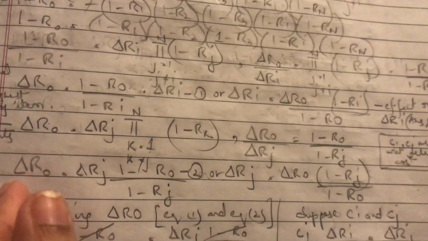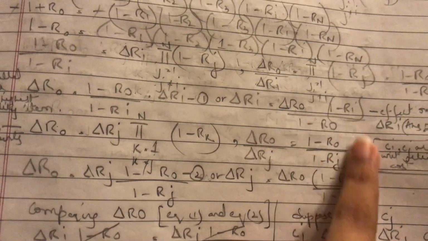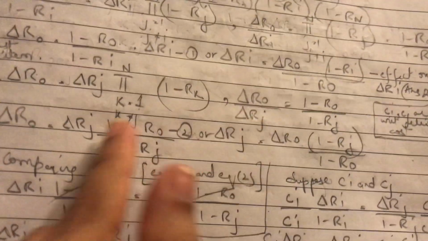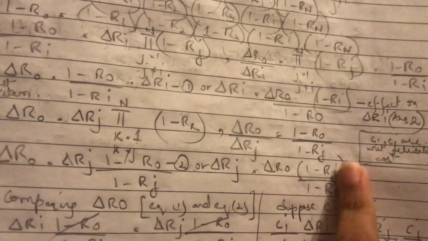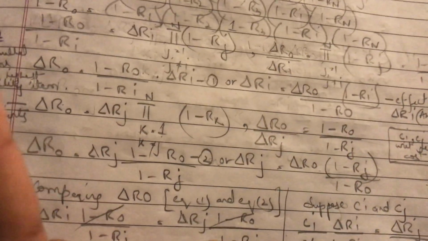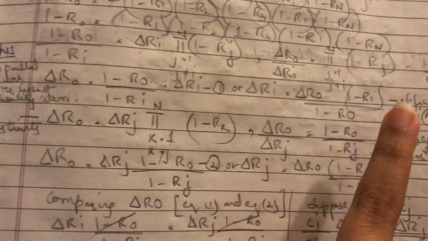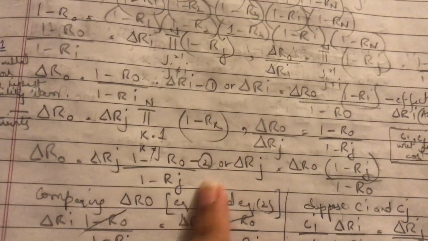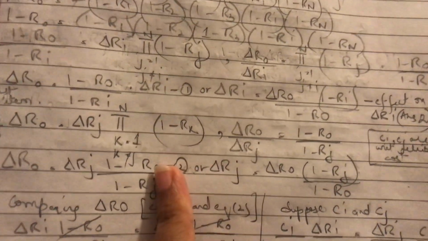Now what's the further step? Okay, we are taking delta R0 as the equation here, and we bring this delta Rj to the right hand side as we did in the above part. By bringing it over there, we got the equation in this form, and we name it equation 2.